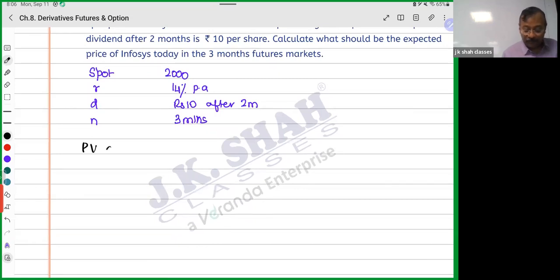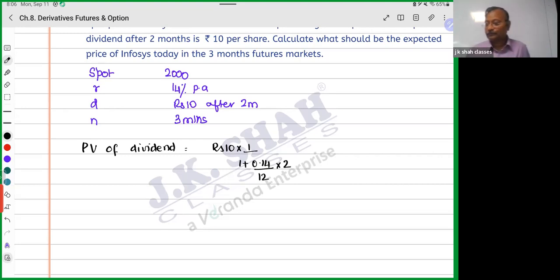PV of dividend, that will be rupees 10 into 1 upon 1 plus 0.14 divided by 12 into 2.